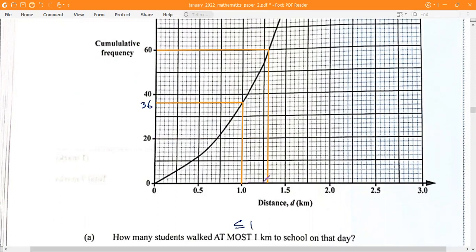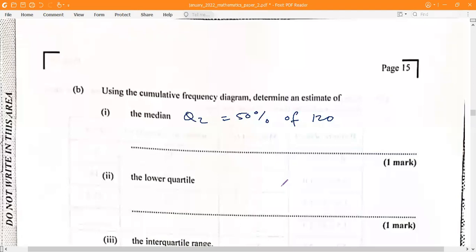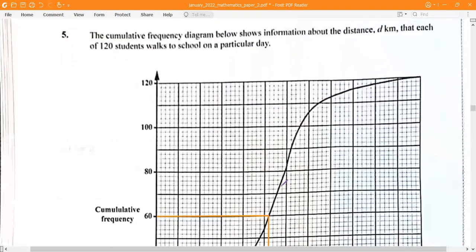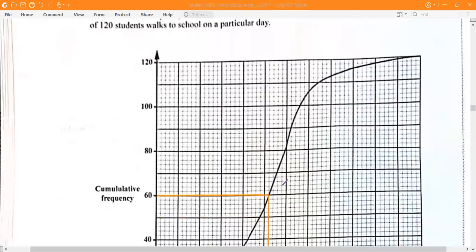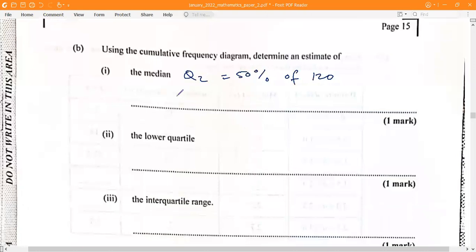Midway between 1 and 1.5 we have 1.25, so 1.25 plus 0.05 is 1.3. So this is 1.3 kilometers. Okay, that's the median.